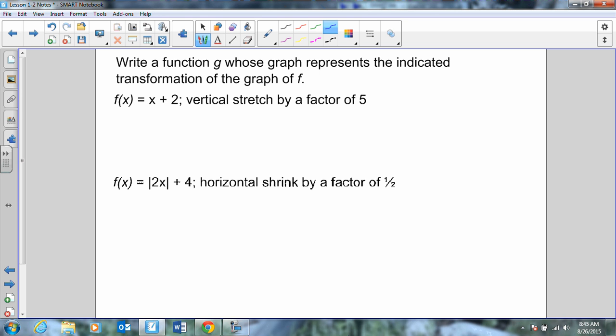Put parentheses, yep, absolutely. Awesome.